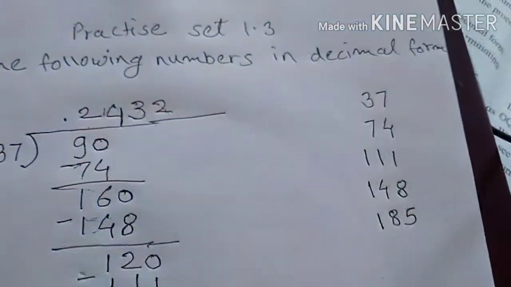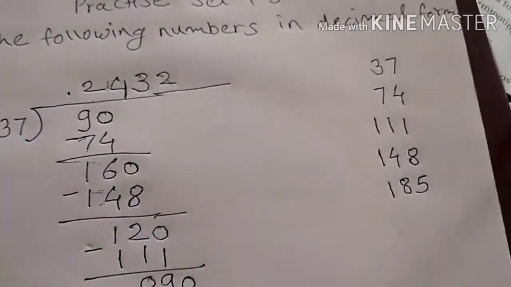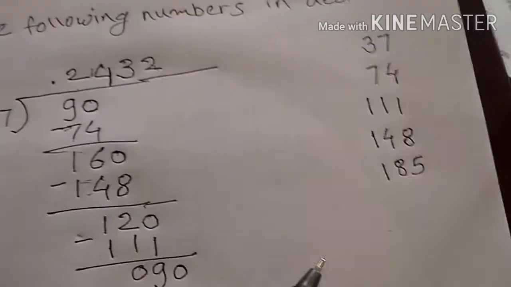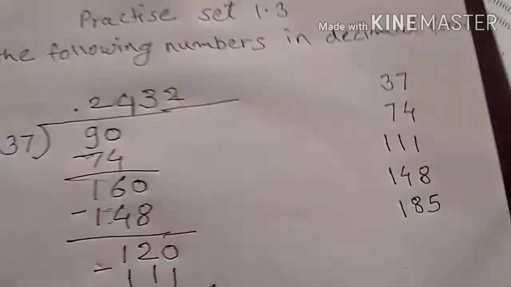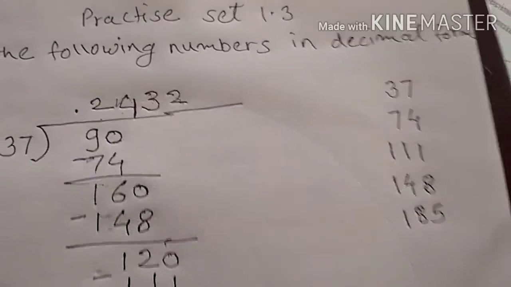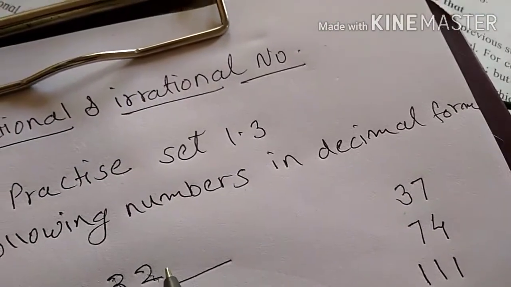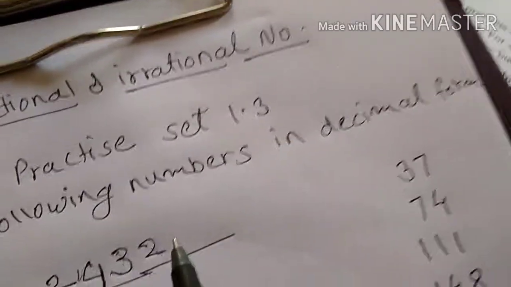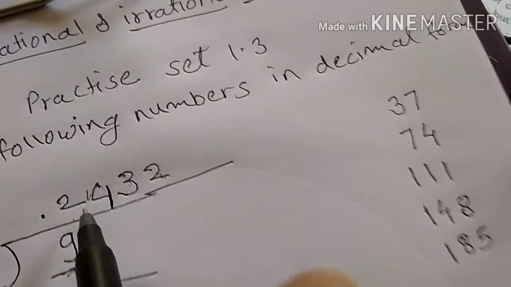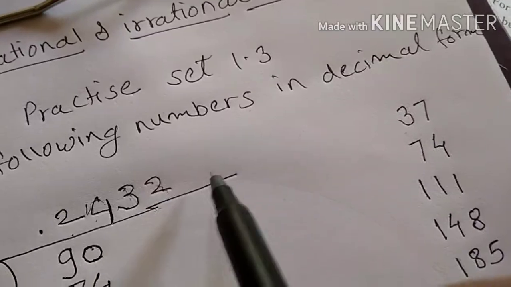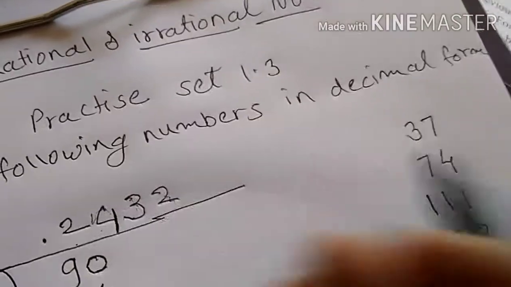Continuously when we divide, this process doesn't have any end. So this type of division is called non-terminating division, which we also call non-terminating decimal form. And this group of numbers 243, again 243, 243 comes again and again.